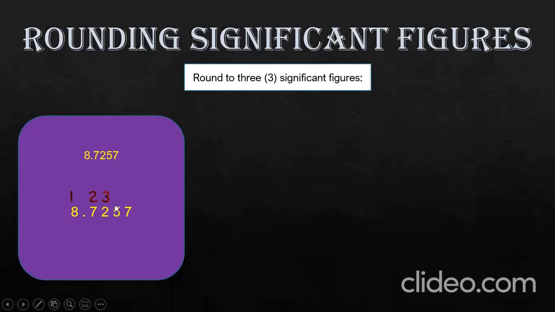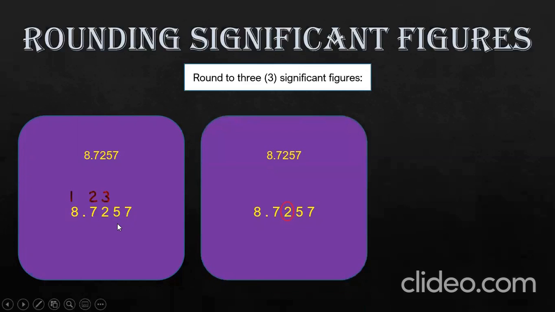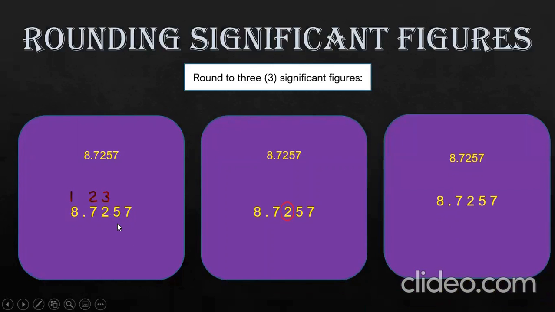If the digit after the targeted significant place is equal to or greater than 5, we know the rule: we're going to be adding 1. So 2 is in the third significant position. What comes after is, in this case, equal to 5. So we're adding 1 to the 2. And so this number written to 3 significant figures would be 8.73.